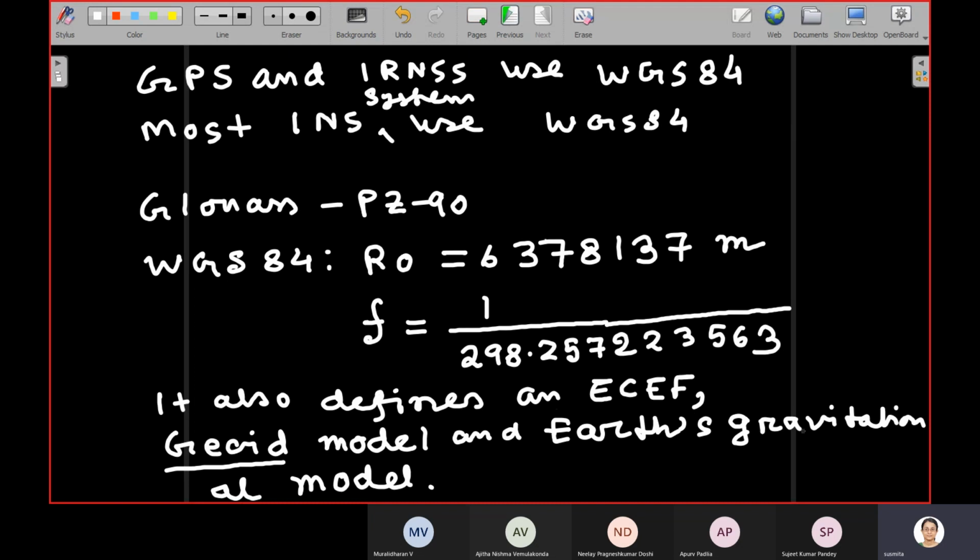It's a function of latitude, and then for altitude variation we just use that inverse square law. Okay, so all these different things are also defined in the WGS 84 standard, and the same goes for other standards as well. Okay.